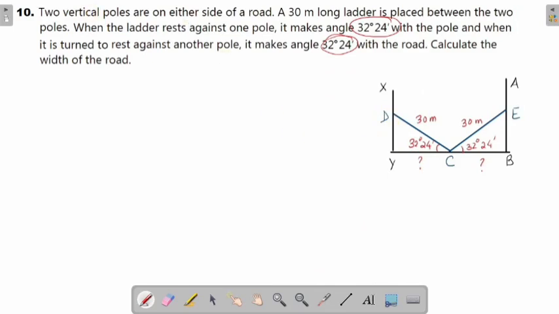The necessary thing that we need to explain here, I'll write here. So from the condition, or using AAS. Why AAS? This is angle, side, angle, and this is also 90 degree, right?